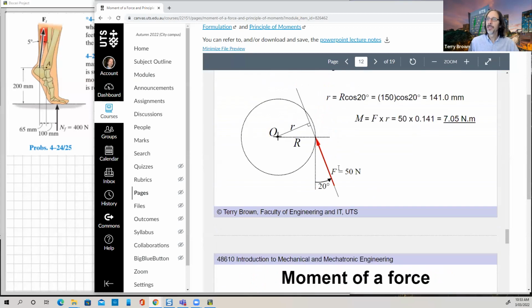So if we break this force up into components, vertical and horizontal, and find the moments of those components, then the sum of those two will be equal to the moment of the original force times its perpendicular distance.